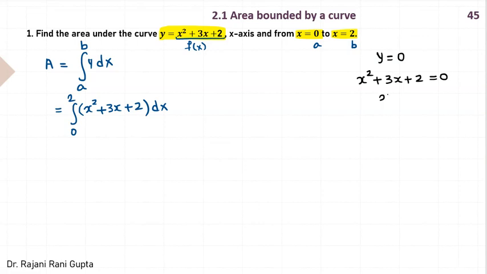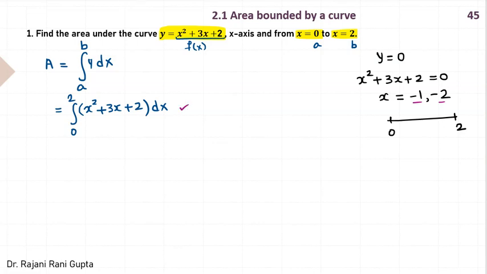Solving this quadratic equation, you get the value of x as -1 and -2. What is your interval of integration? It is from 0 to 2. Does any of these points, -1 or -2, lie in between? No, it doesn't. So this curve is not intersecting the x-axis between 0 and 2.